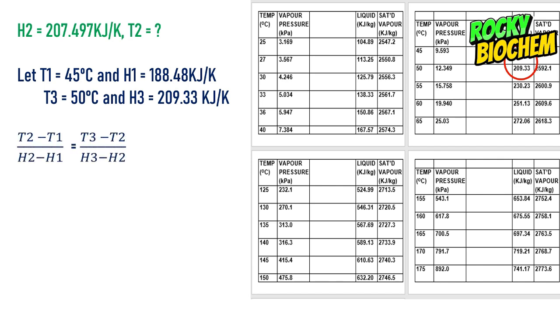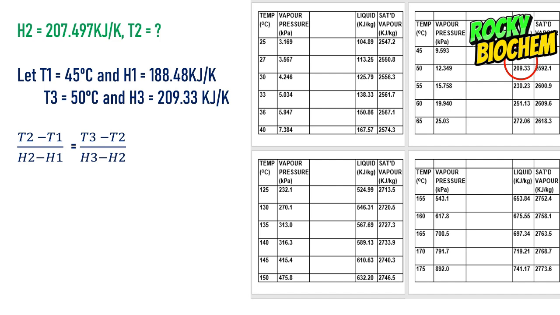So we can say that T2 minus T1 over H2 minus H1 should be equal to T3 minus T2 all over H3 minus H2. Make it this way. Middle number minus the number on top of it, divided by the middle number minus the number on top of it. We are writing it in terms of the temperature and then the enthalpy.